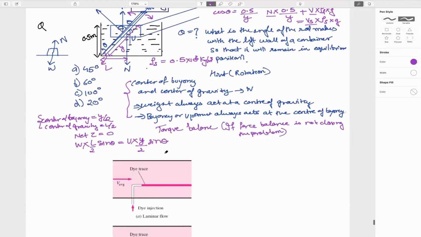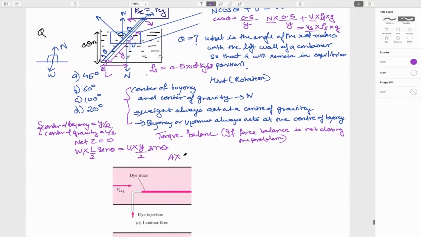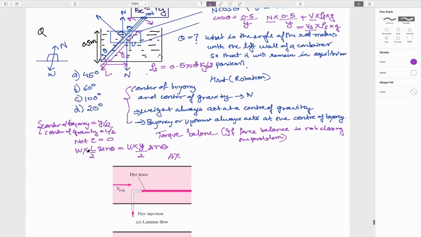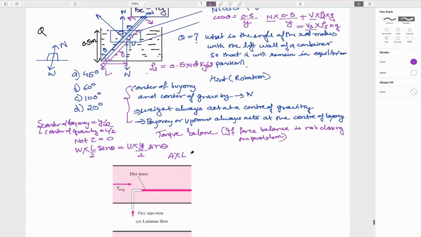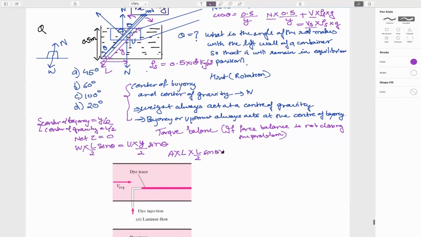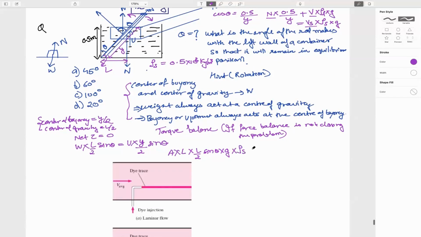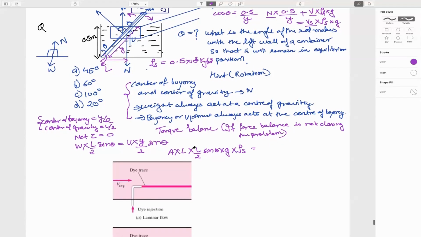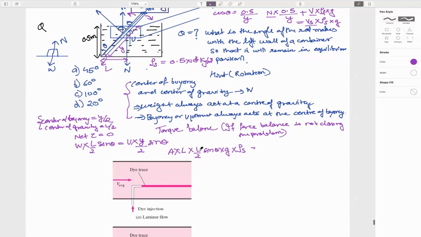So let's balance this out. Area into length, that's the complete weight, L into L by 2 sin theta into g into rho s, is equal to the upthrust, which is the volume displaced.